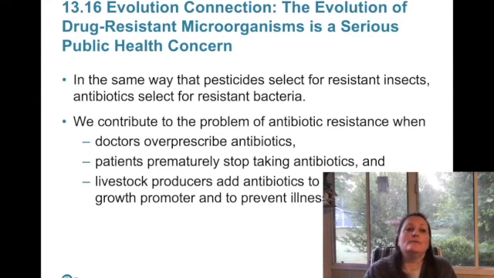Due to antibiotics being overprescribed, people not taking them completely like they're supposed to, and here's the other one, the food industry. A lot of places just feed the cattle and the chickens and the pigs antibiotics as part of their daily regimen, trying to keep them healthy.